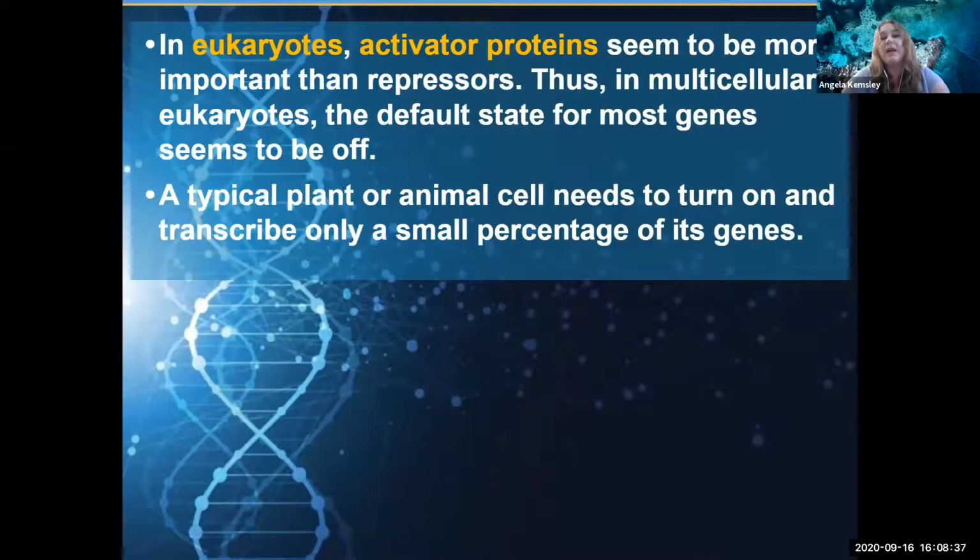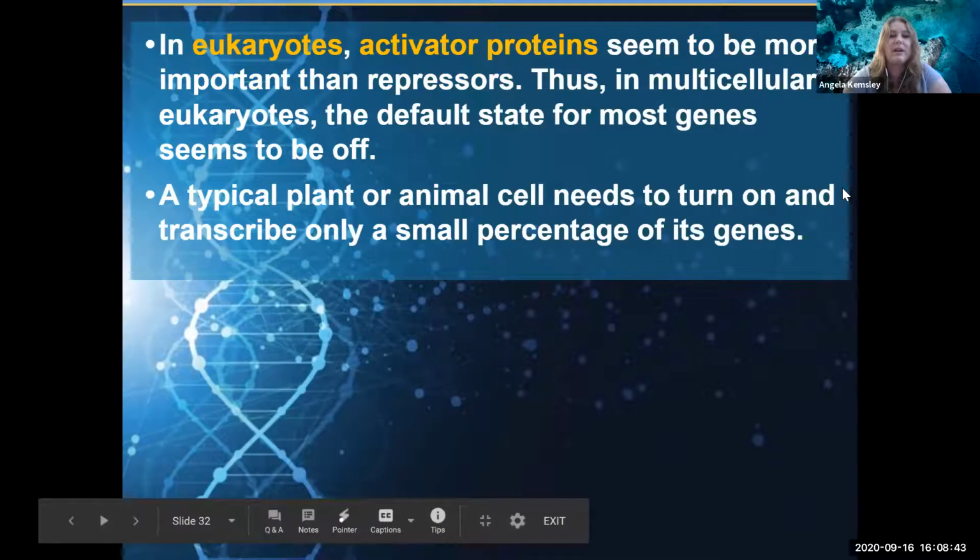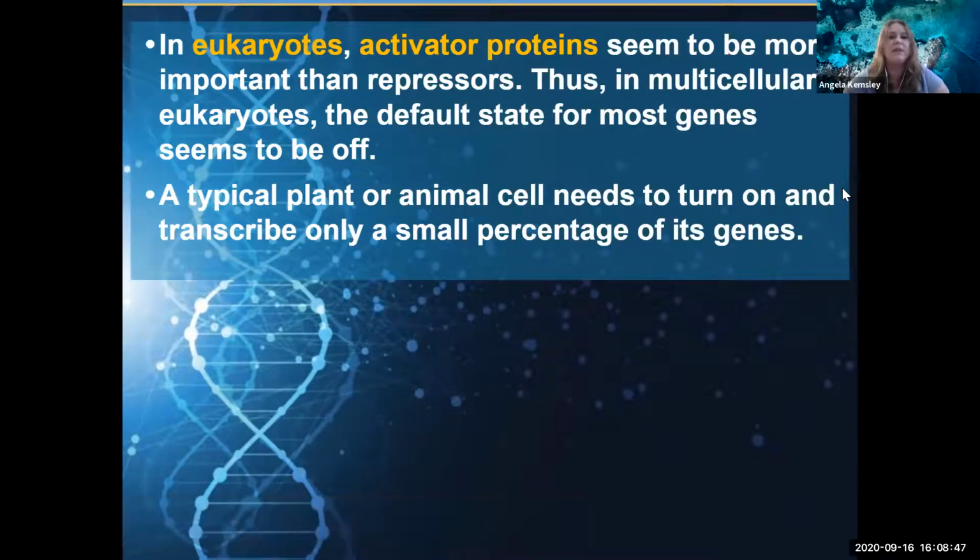In eukaryotes, activator proteins seem to be more important than repressors. In multicellular eukaryotes, the default state for most genes seems to be off, unless they get turned on. A typical plant or animal cell needs to turn on and transcribe only a small percentage of its genes. So it's helpful that they're usually turned off, because we only need to turn on a small percentage of them at a time.